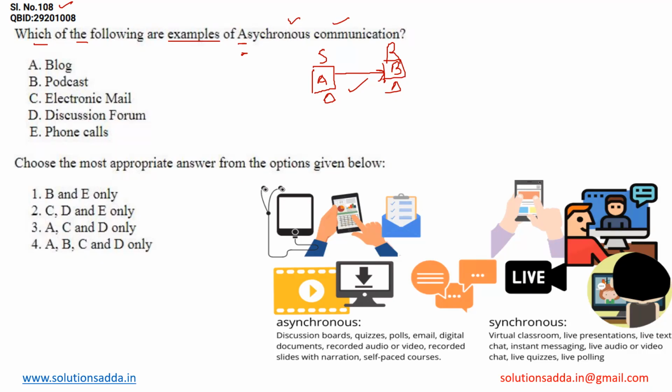For example, email: A can send an email to B anytime A wants. It is not required that B should be active on the email account.